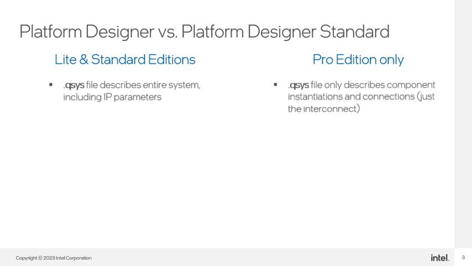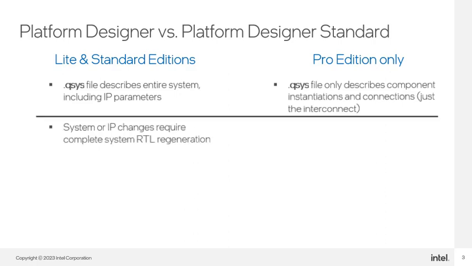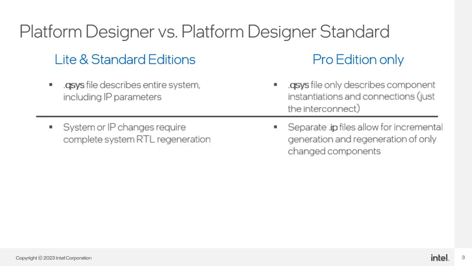In the Standard Edition, anytime you change any system or component parameters or connections, the RTL code for the entire system must be regenerated. This can take some time with large system designs. In the Pro Edition, component information is stored in separate .ip files for each component. A .ip file is created for each unique parameterization of a component.